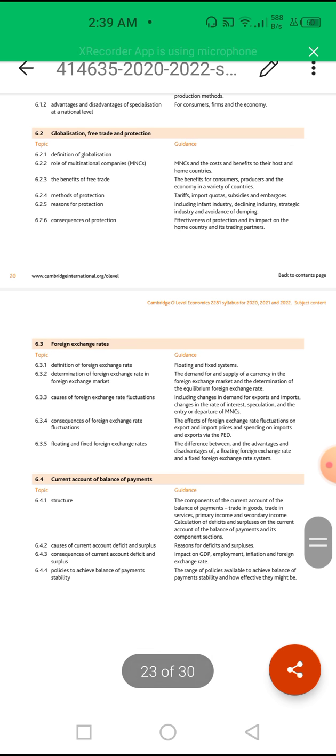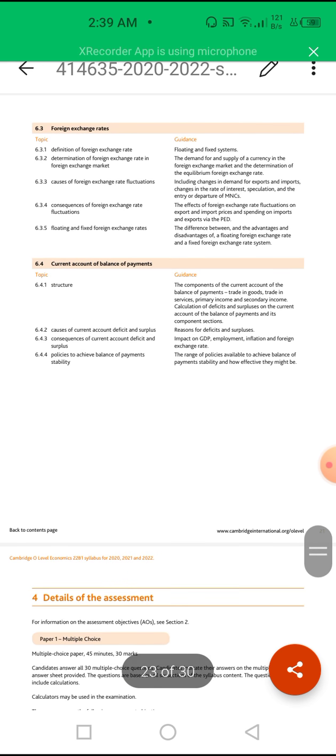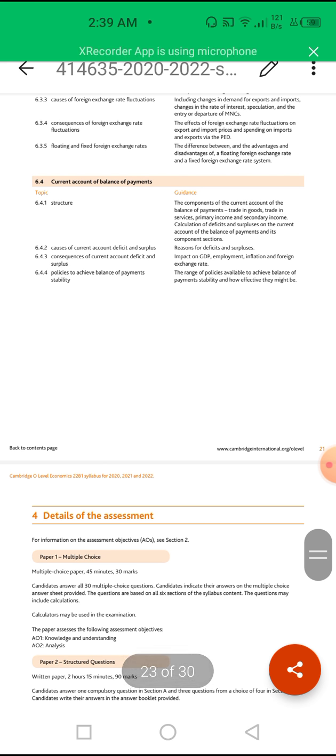Everything will be discussed in this chapter. Then the current account and the balance of payments. The balance of payments is between your accounts payable and accounts receivable, basically dependent upon your imports and exports.